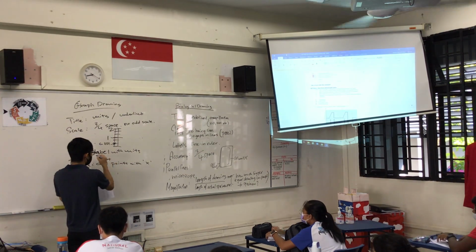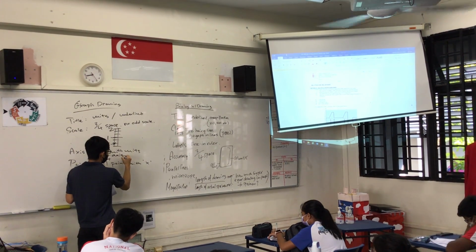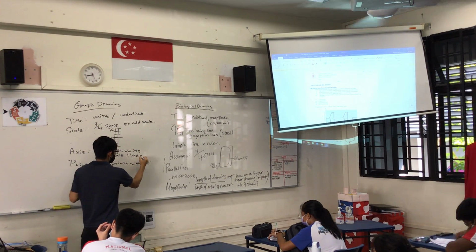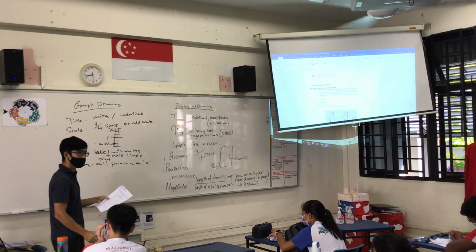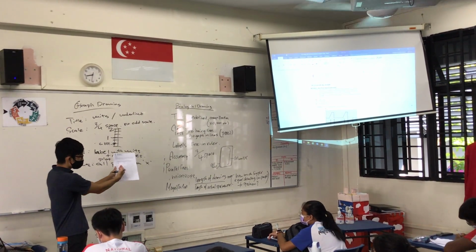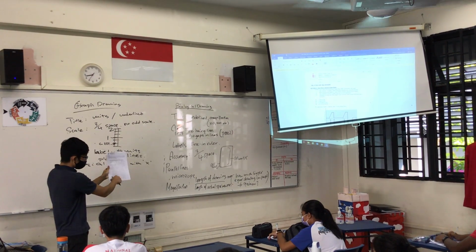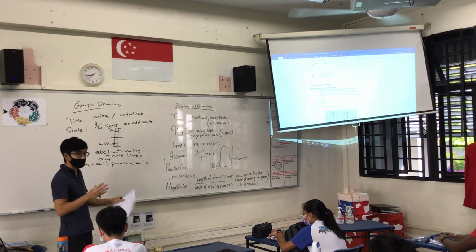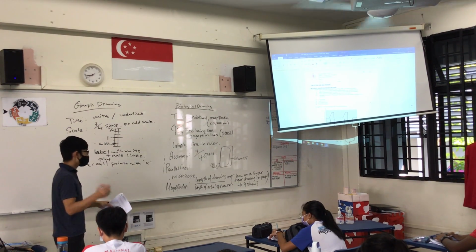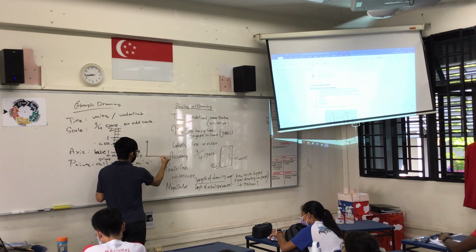Make sure you have axis lines, labelled with units. If it is the end of the graph paper, just draw one line down and one line across. You don't leave it. And you also need an arrowhead, so whatever axis line you draw needs to come with an arrowhead.